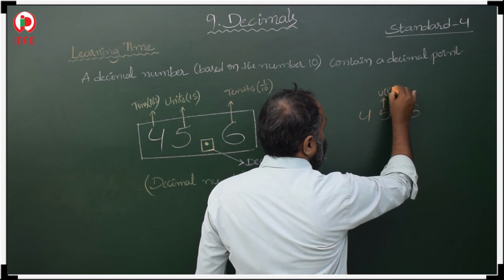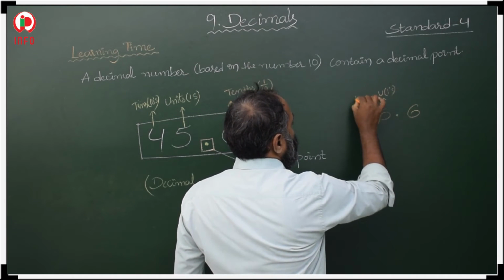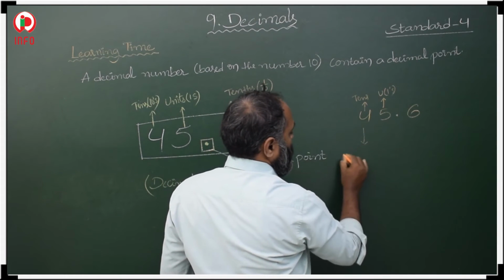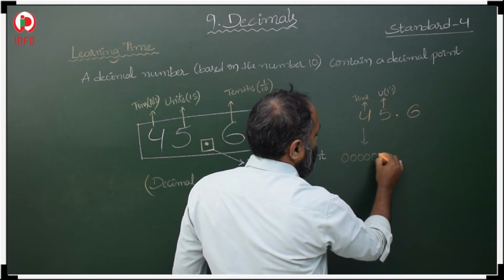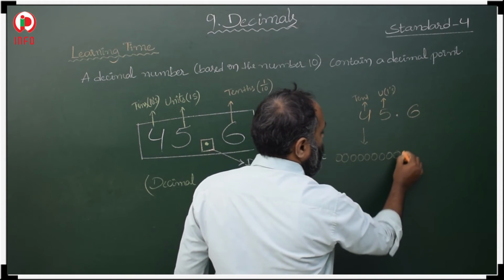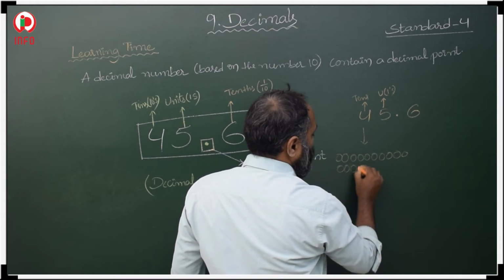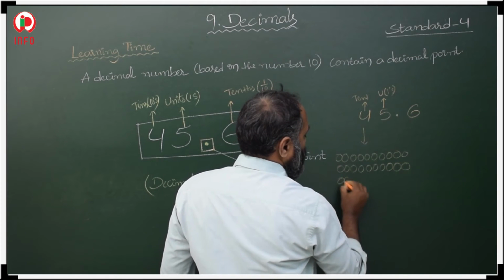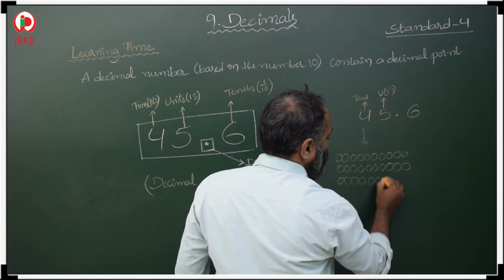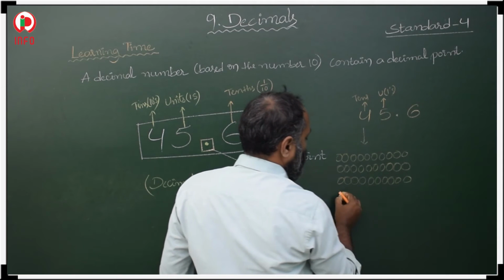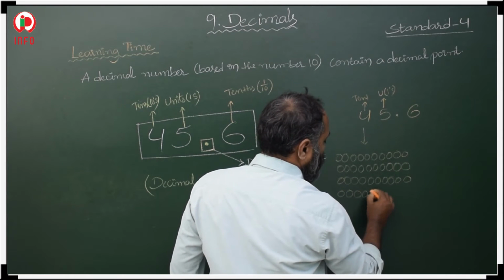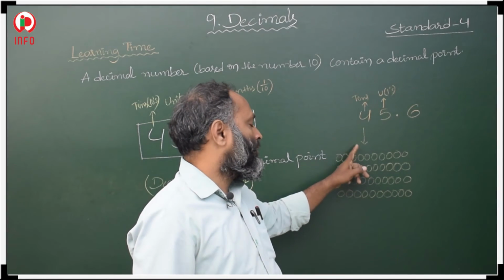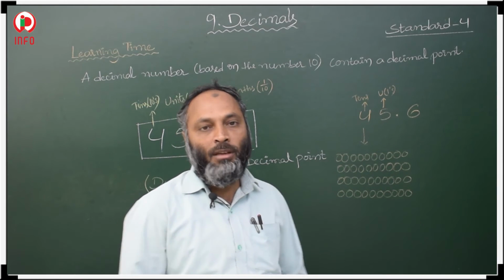Units means ones. It is in tens. How many tens do we have? 4 tens. 4 tens means 1, 2, 3, 4, 5, 6, 7, 8, 9, 10, four times. Here 4 tens means 40.